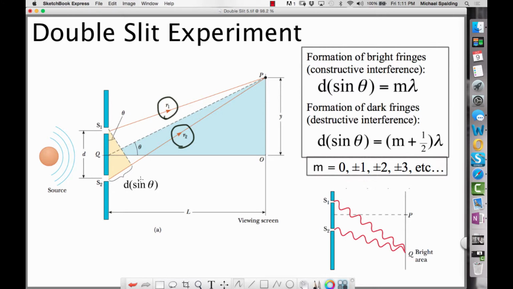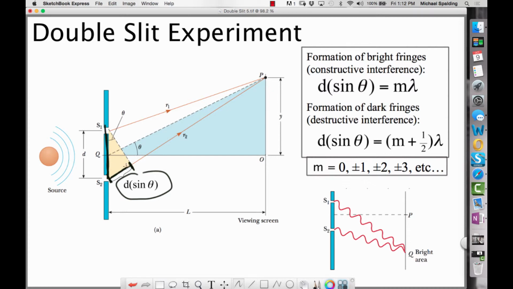How much farther is ray 2 traveling compared to ray 1? It turns out to be this distance right here. This is the extra distance traveled by ray 2, and it works out as d sine theta, where d is the hypotenuse, because that's the distance between the slits.